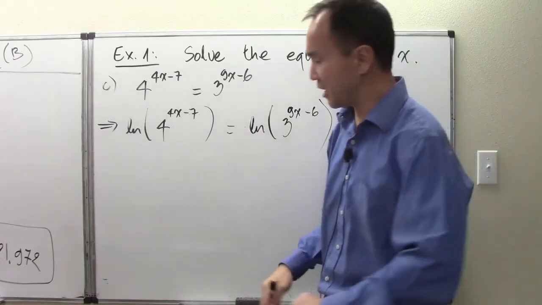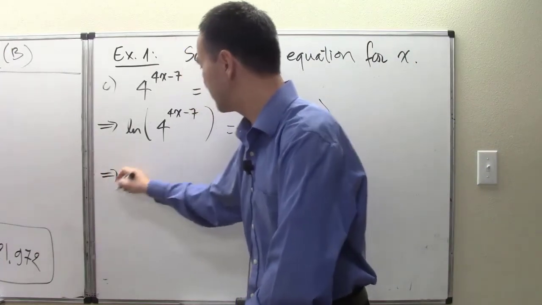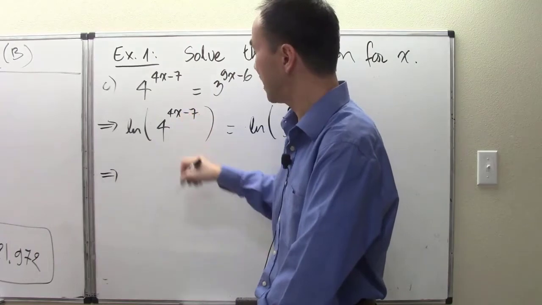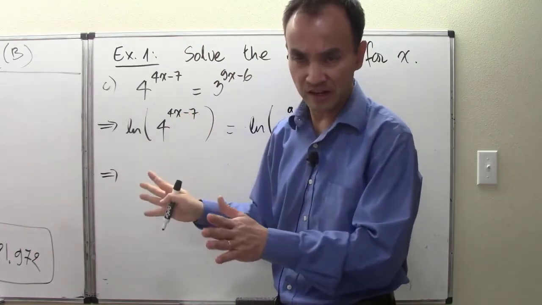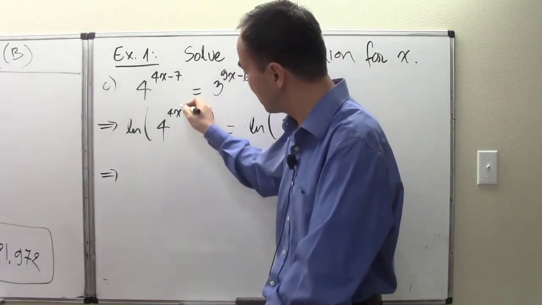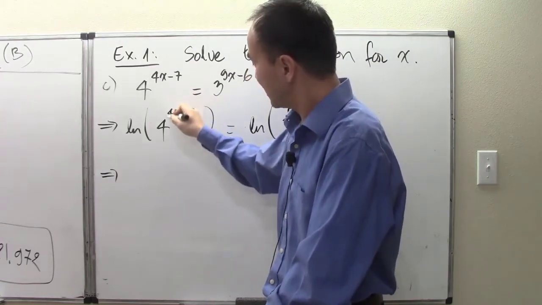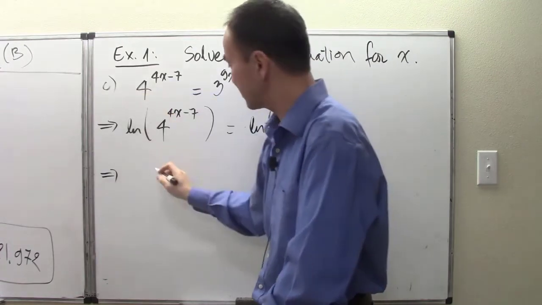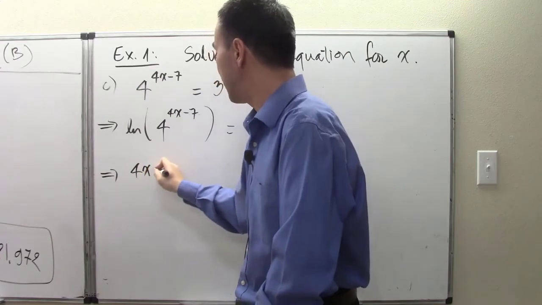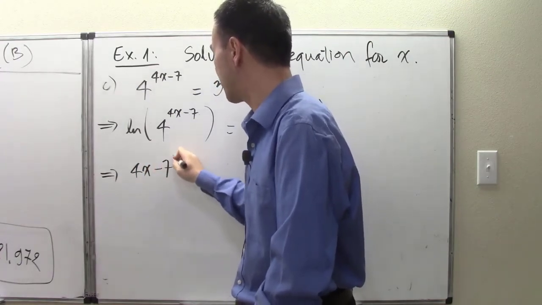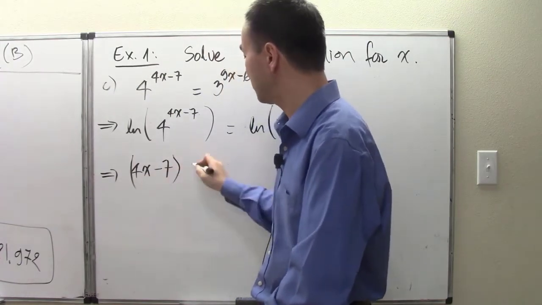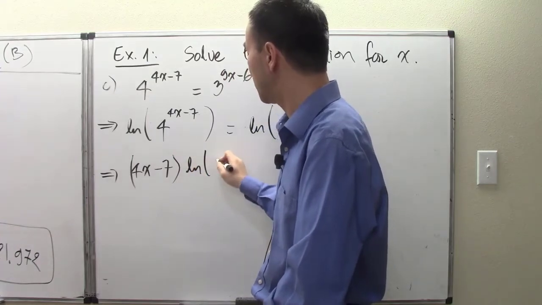Now I'm seeing that property we have learned before, which I've mentioned a couple of times already. I can bring this exponent to the front as an expression that multiplies with my log. So 4x minus 7 is brought down and multiplied in front of natural log of 4.